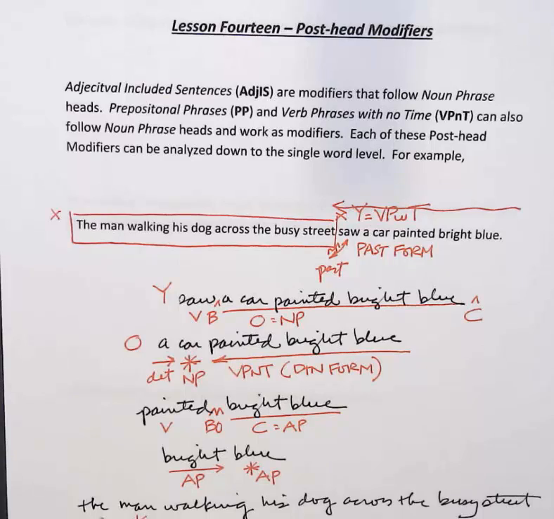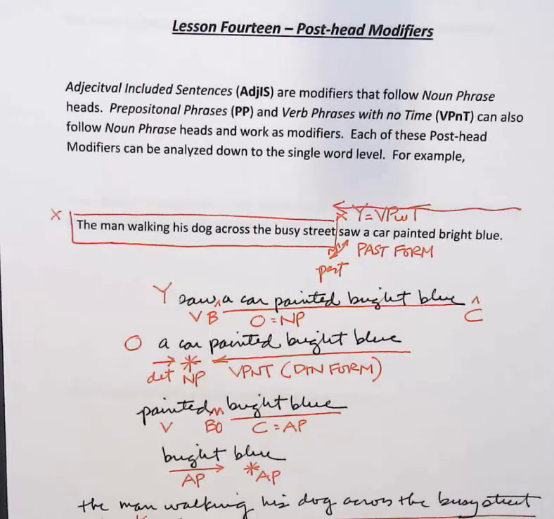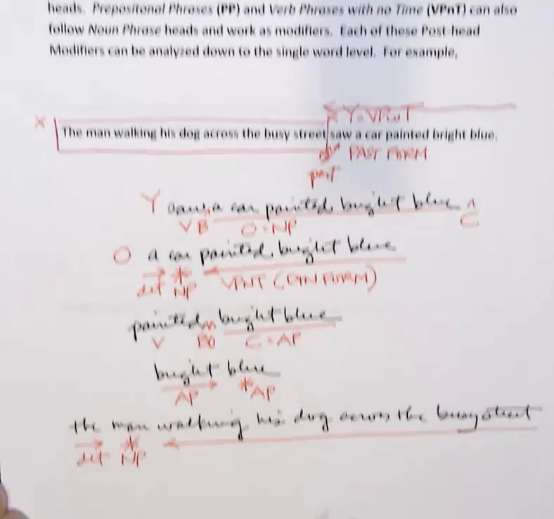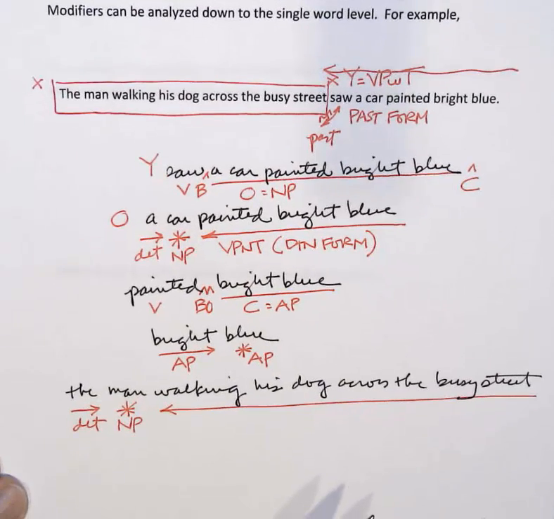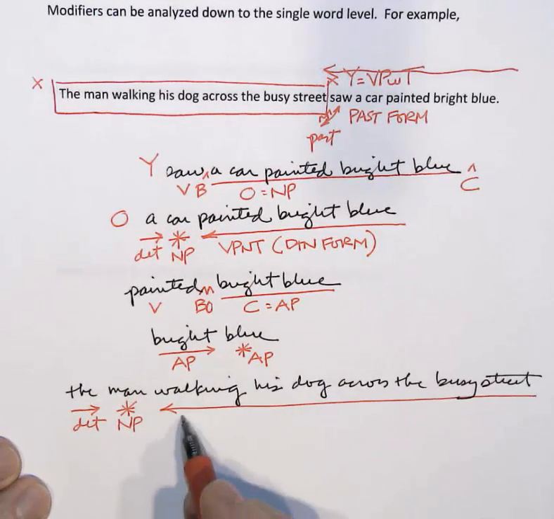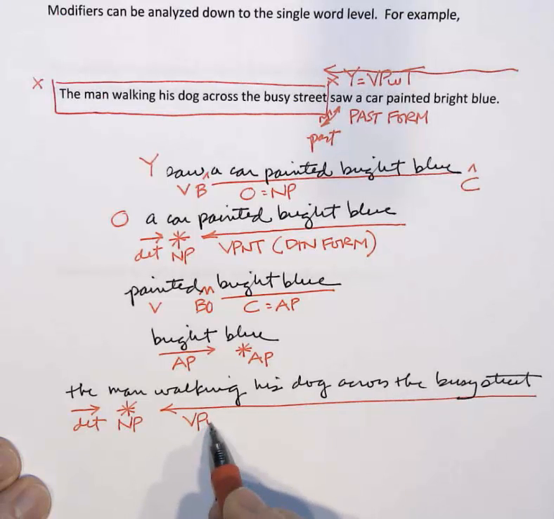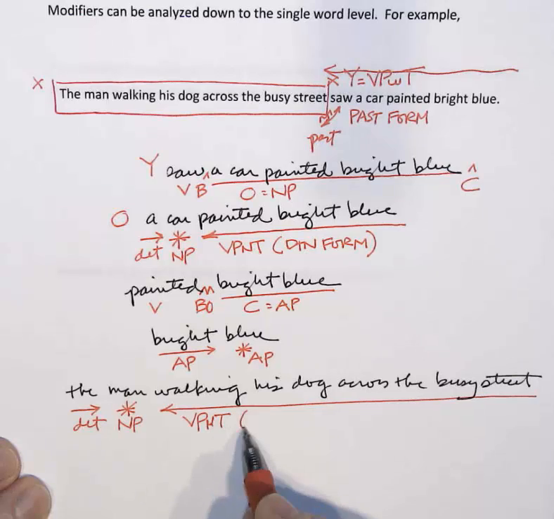And then we find the modifiers. The is a determiner. Walking his dog across the busy street is a modifier. And when I take a look at it, I see it's headed by this walking, the ing form. So this is a verb phrase, no time. And this one is the ing form.